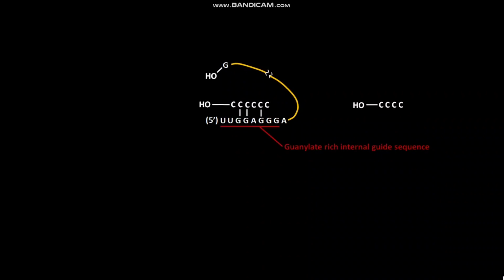As a result, a C6 oligomer is formed. This C6 oligomer is then released from the L19 IVS. Due to the release of the C6 oligomer, L19 IVS becomes free to bind with another substrate.